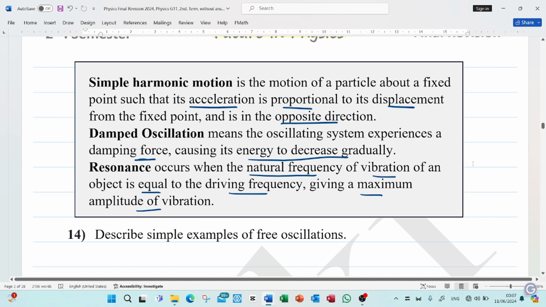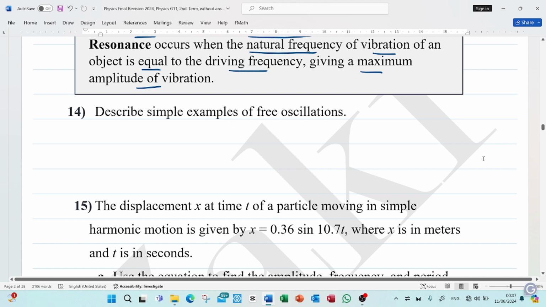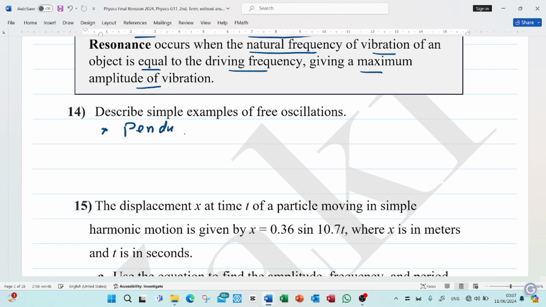Now, next, here it said describe examples of free oscillations. Now, the examples are pendulum. This is an example of free oscillation.